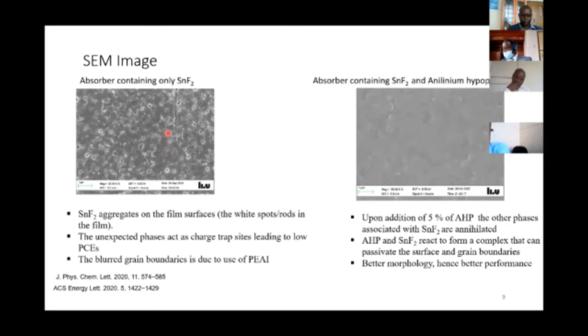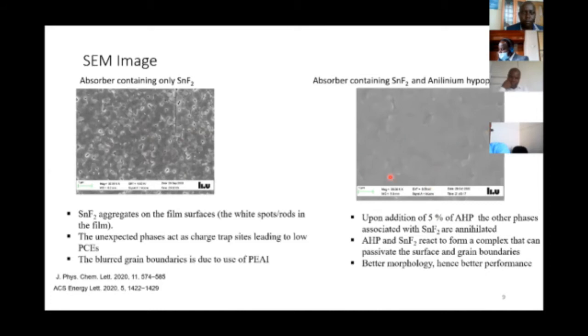These phases will affect the solar cell performance, and chances are high that the VOC of this kind of film will be reduced, and maybe the performance and everything will reduce. Now, if we introduce, after optimization, 5% AHP into this precursor solution, we had such a film.